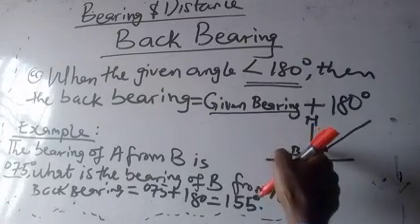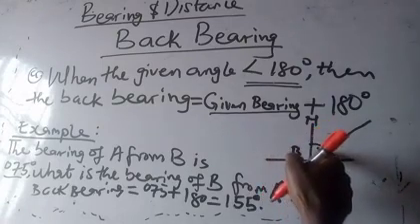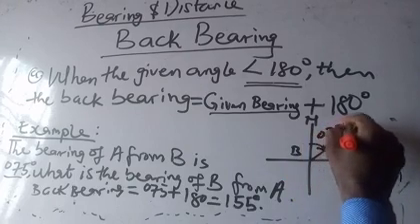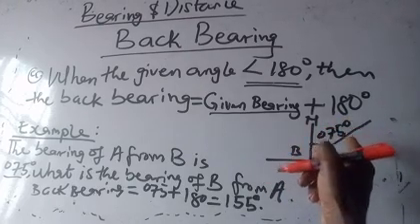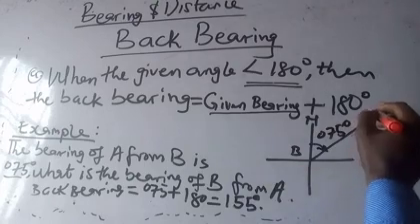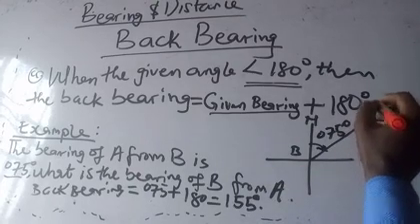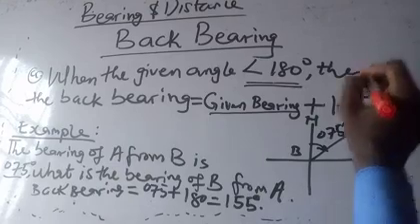Remember that reading starts from the north, and you must put three digits, though it is 75 degrees. So A is here. The point of A is this. The north pole of A is here.